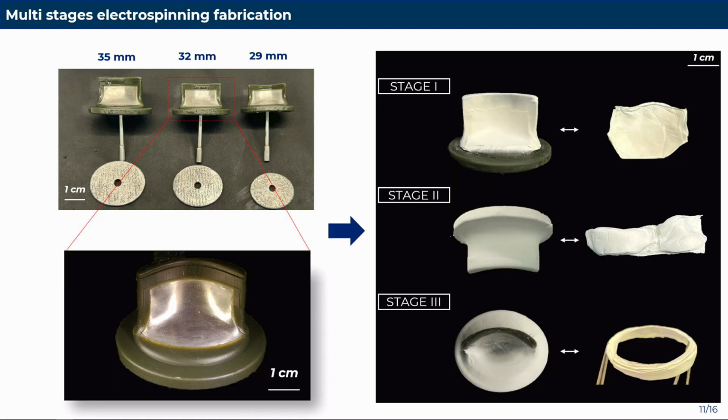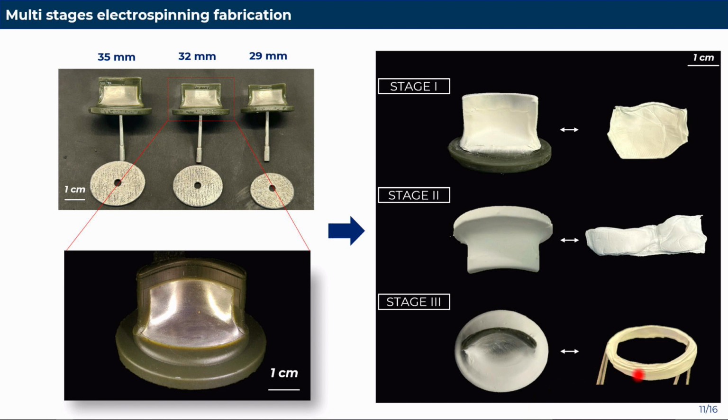This is an overview of the collector, which was manufactured in 3 different sizes according to reference literature on commissural distances in sheep. This is a detailed picture of the collector, and this is an overview of the fabrication outcome for each stage.